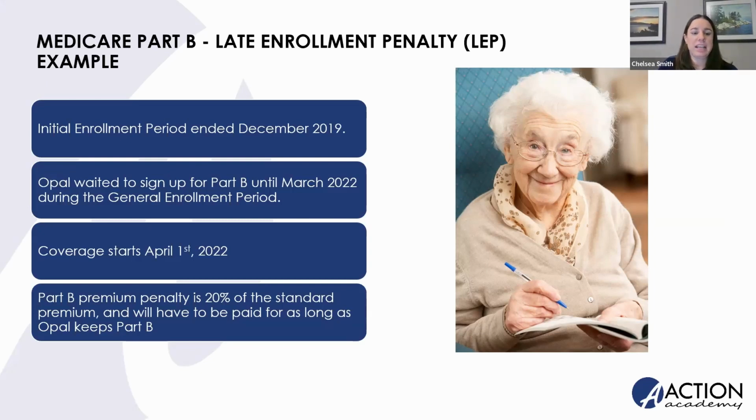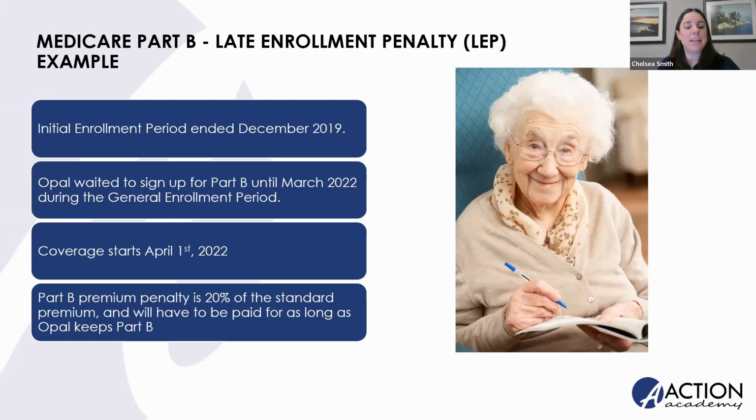So let's look at an example here. Opal had an initial enrollment period in December of 2019. She waited to sign up for Part B until March of 2022 during a GEP. Her coverage then would have started April 1st, 2022.